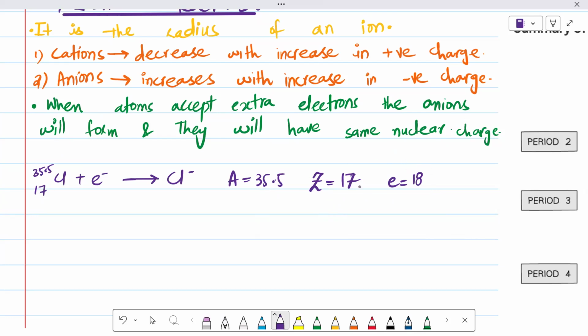The extra electron will be in the outermost shell, and the outermost electrons will go further away from the nucleus, and there will be weaker nuclear pull on the outermost electrons. Clear? So when you have more electrons, the outermost electrons move further away.